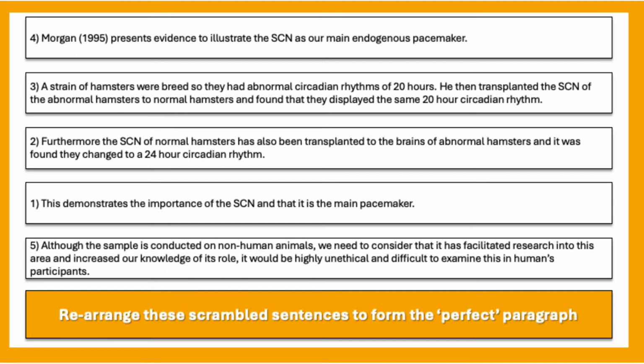And here we're just going to do a little bit of a critique based on the idea that we're actually talking about non-humans here when we're looking at these mutant hamsters, as I would call them, and that might be problematic. But your counter argument to that is always that you could never do a piece of research like this on human beings because, of course, of the ethics of this kind of research. So nice evaluation there, doing all of the things really that we would expect to see in effective evaluation.